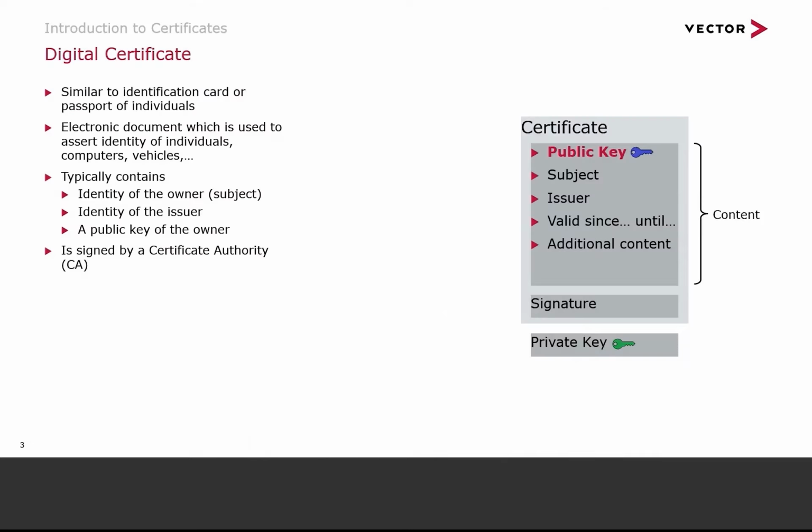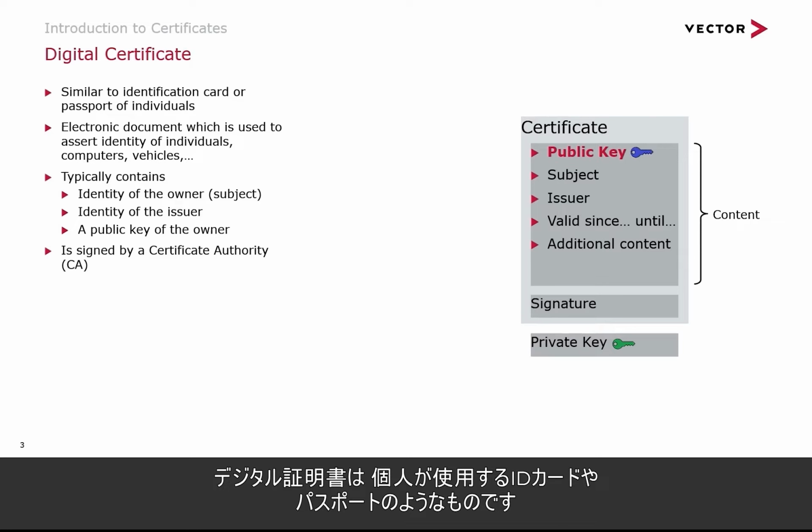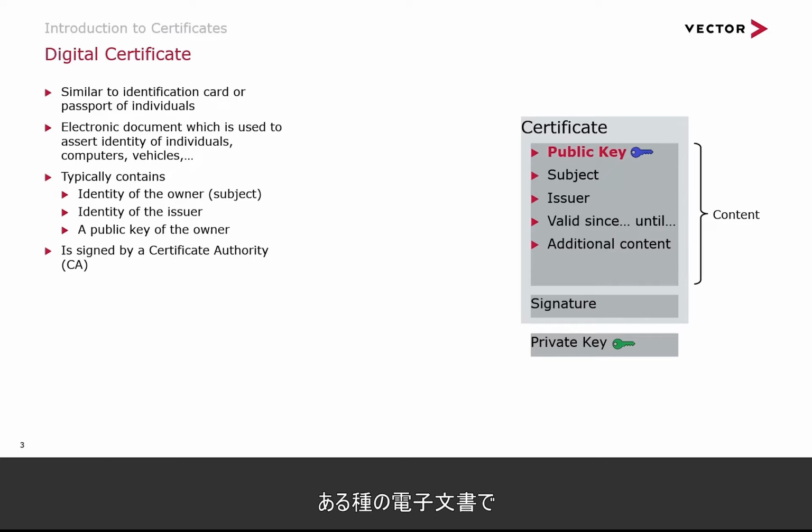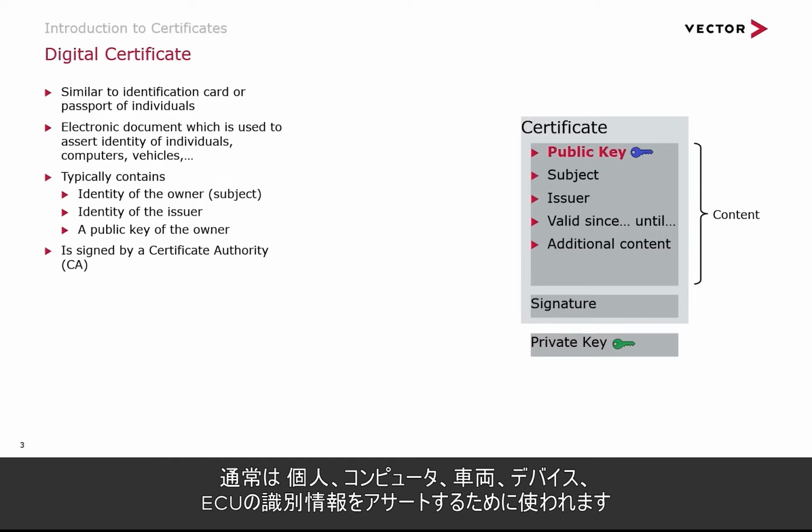So let's have first a look at what certificates actually are. A digital certificate is similar to an identification card or passport that is used by individuals. It's some kind of electronic document which is typically used to assert the identity of individuals, computers, vehicles, or even devices and ECUs.